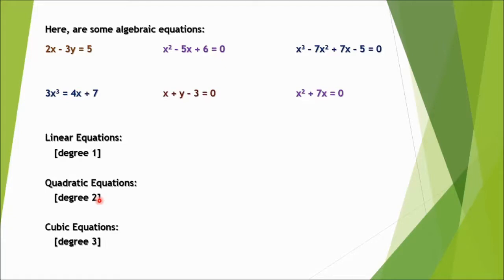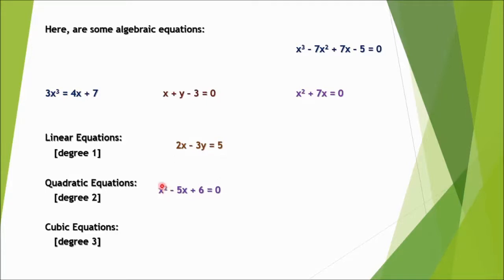So let's tally it. Let's bring all these equations to where they belong. You can see this equation is a linear equation. It has degree 1. The variable x has degree 1, variable y has degree 1. The entire algebraic equation is of degree 1. This second one has degree 2, so it belongs to quadratic equation.